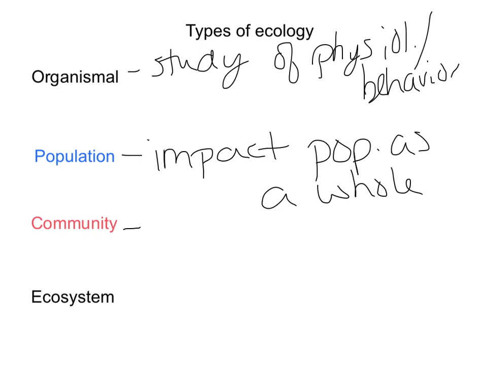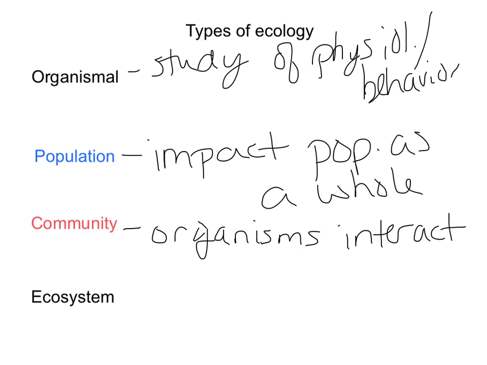Community ecology, you'd be looking at how the organisms are interacting with each other as well as the living environment. You see this a lot with competition. When we talk about symbiosis, all of those usually get lumped into community ecology. So they're interacting with each other as well as the environment.